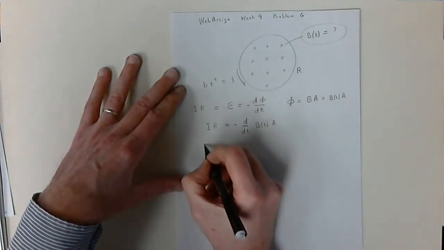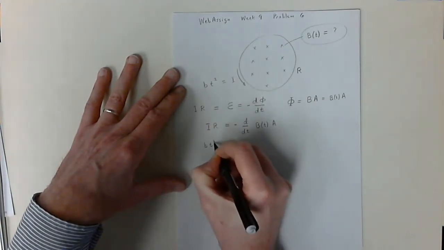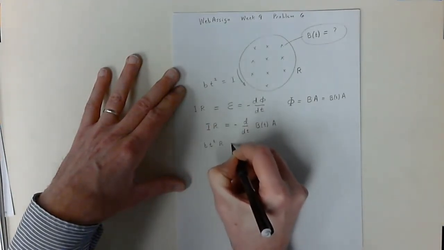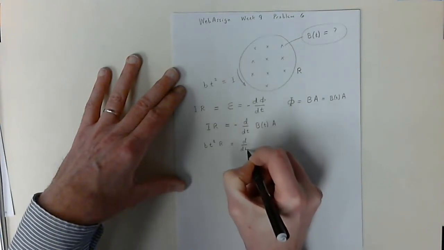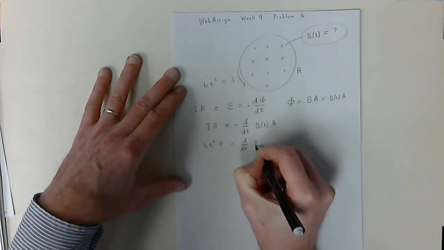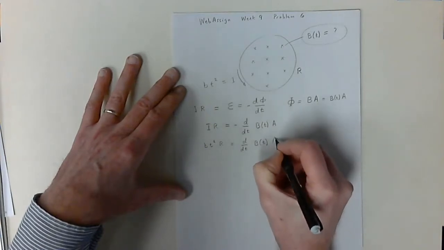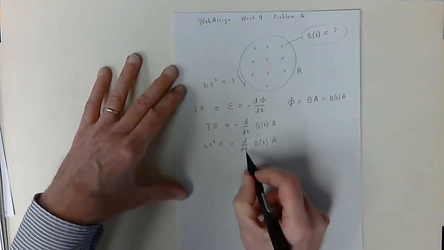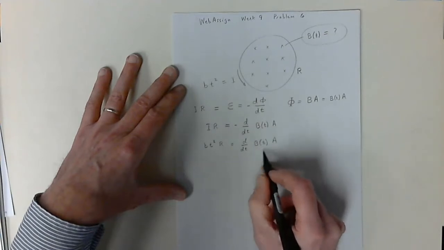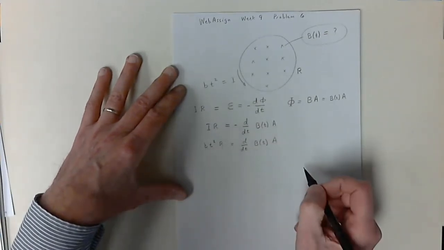So putting in what we have, the current we know is b times t squared times R, and that equals, and now I'll drop the minus sign, d by dt of this function B times A. So we've got a time derivative of this function B is equal to some stuff over here that involves time.